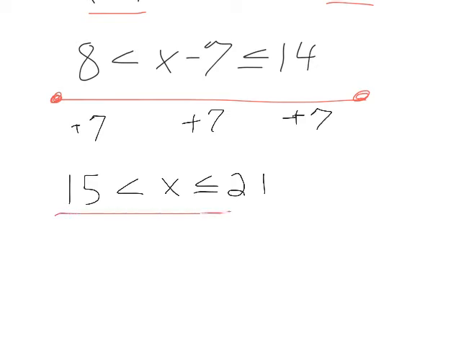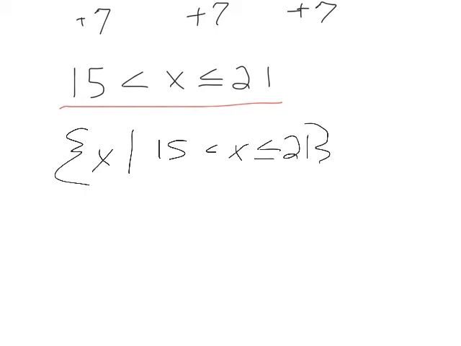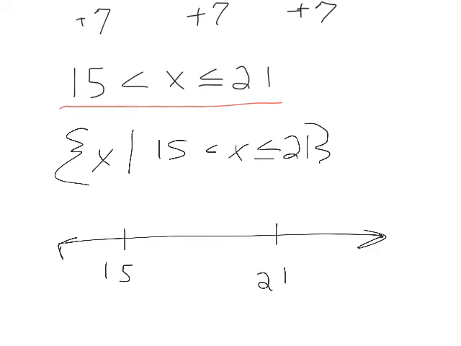So this is your inequality notation solution, and then if we want to do our other solution types, we can do that too. Our set builder would be x such that 15 is less than x, less than or equal to 21. Our graph, we need two numbers on the graph of a compound inequality. So we put the smallest number first on the left, larger number on the right, okay?